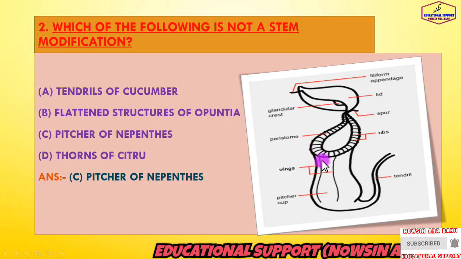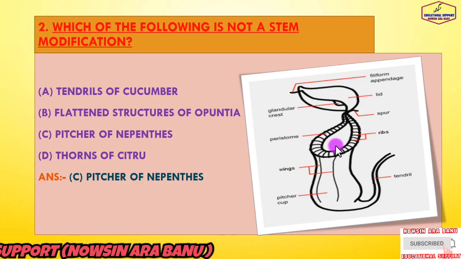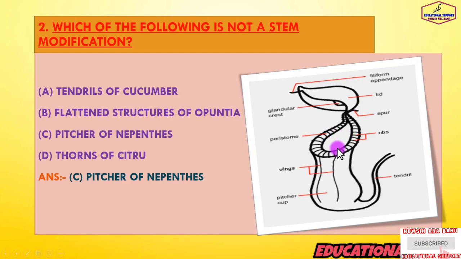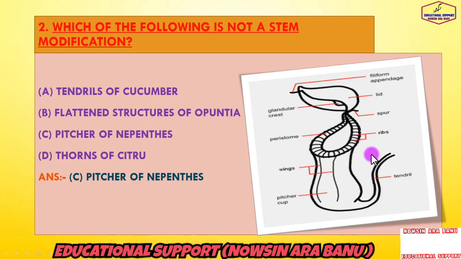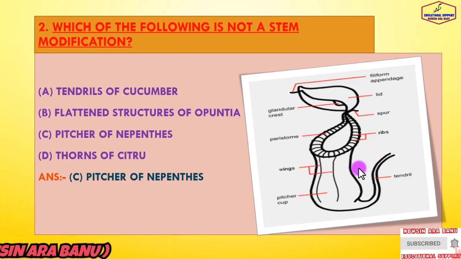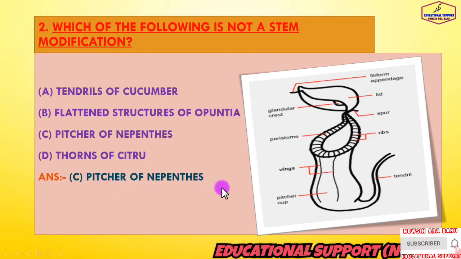Nepenthes consists of a climbing stem, a tendril which helps in climbing and protrudes from the tip of the leaf. At the end of the tendril, the leaf is modified to form a pitcher which contains a fluid used to catch the prey. So the correct answer is option C, pitcher of nepenthes.